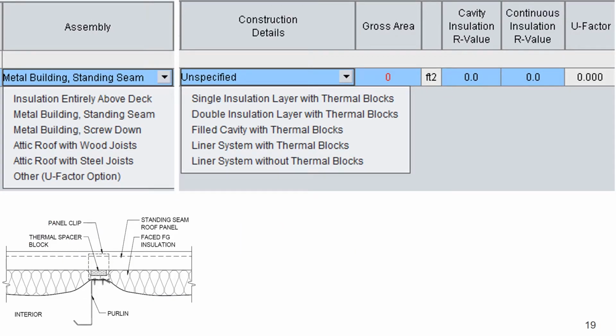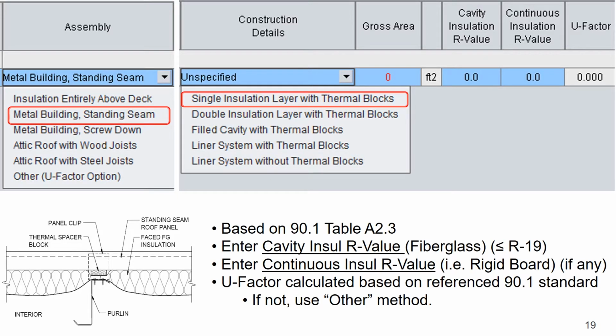So let's move on to the metal building standing seam roof example. When you do that, you have 5 options, and I'll select the single layer with thermal blocks as shown in the drawing on the left hand side. I would enter in the fiberglass information, so anything R19 or less, and then it would automatically calculate the U factor.